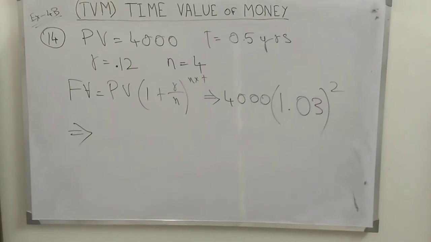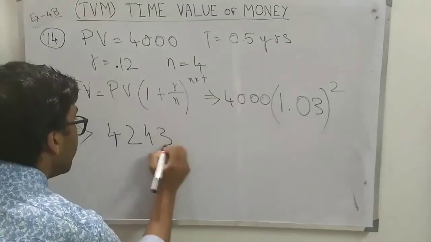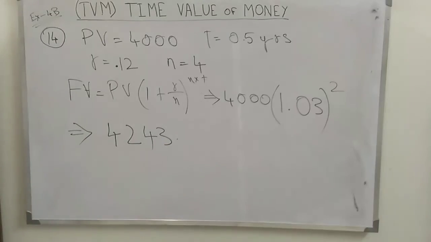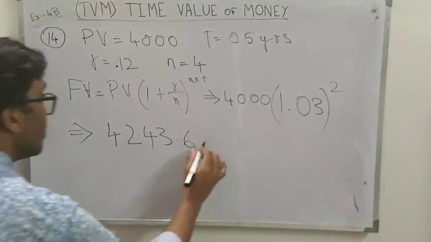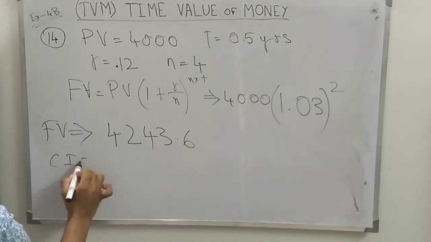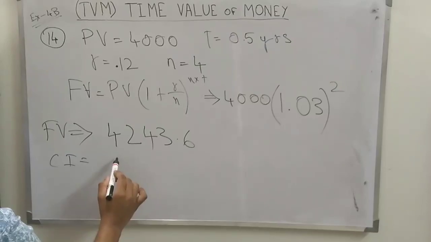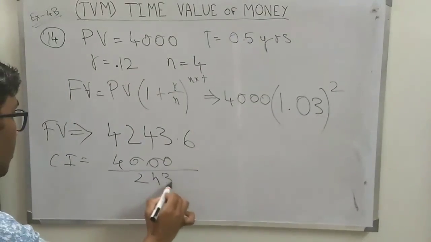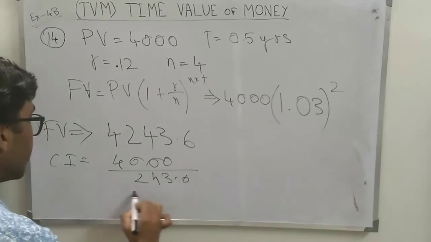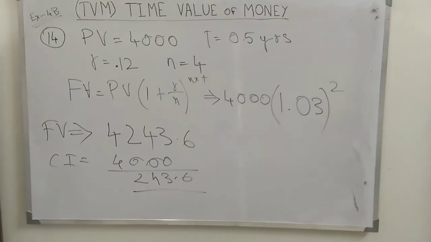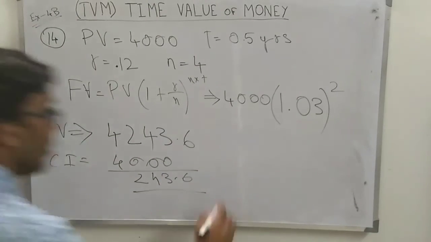So 1.03 to the power 2 into 4000 is 4243.6. Now this is the future value, but you have to calculate just the compound interest. That means you have to minus 4000, the principal amount, so the interest amount is only 243.6. Option number A.